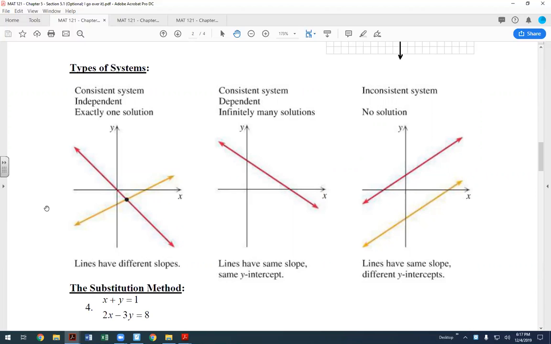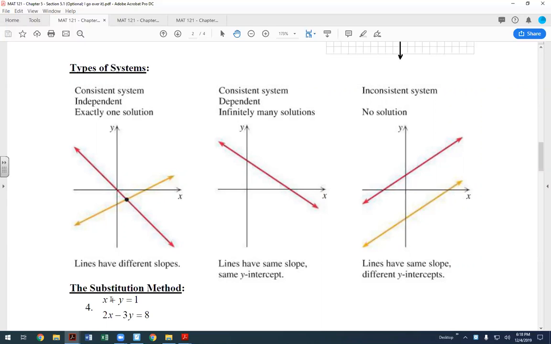Because normally you can take one equation, multiply by some constant and get the other equation, or you can divide the second equation by some constant and get the first equation. So we say the equations are dependent, and of course we have infinitely many solutions. These ones, if you put them in slope-intercept form, will end up having the same slope and the same y-intercept, which makes sense, right, if they are the same lines.